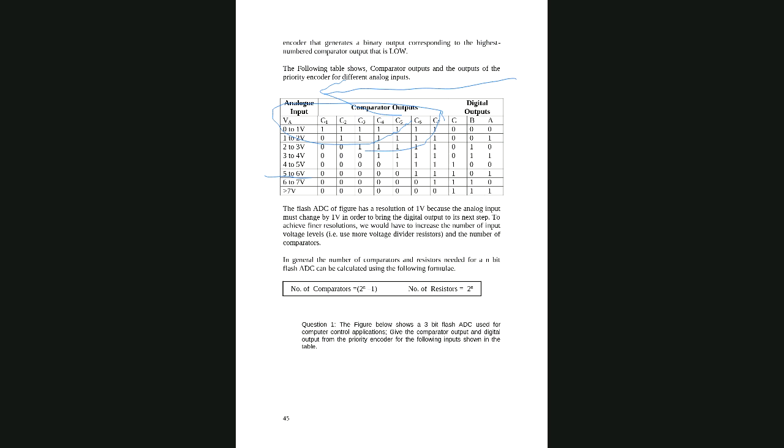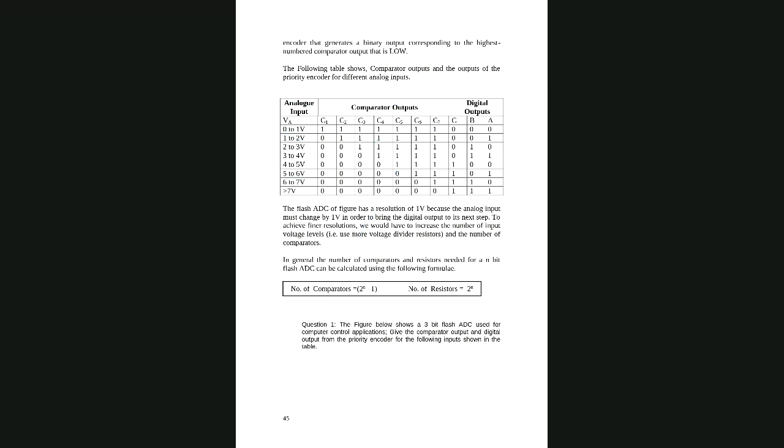So if I talk about this input 5 to 6, where is the first zero? The first zero is which one? C5, right? C5. What is 5? 101. So simple. Is it okay, guys? Is it okay?